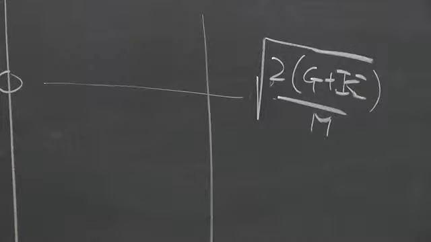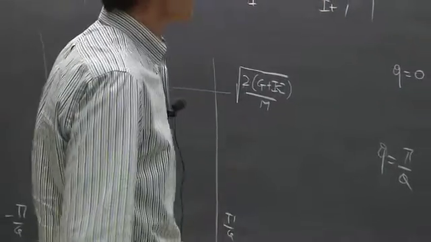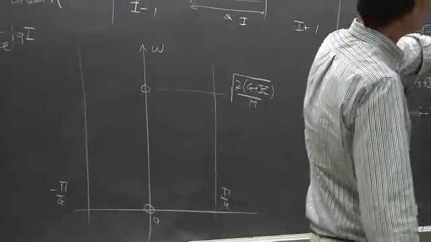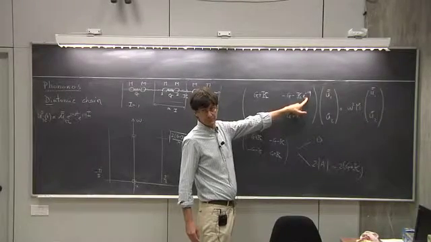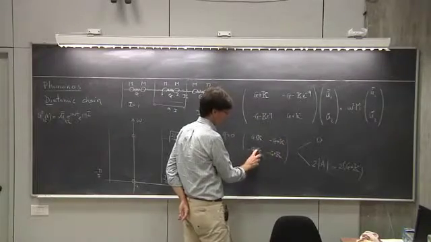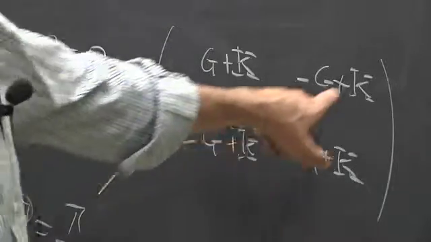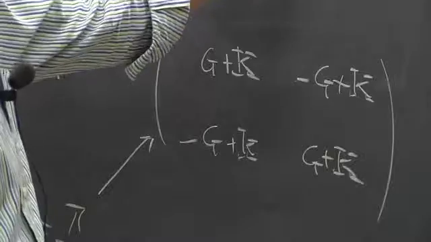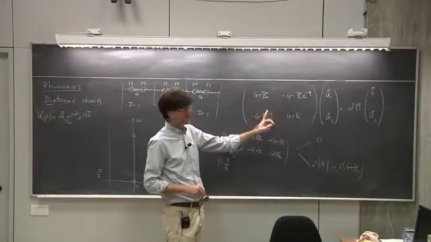All right. Let me take q equals to pi over a. This becomes minus 1. So allow me to do it here. Plus, plus. I've changed it into a plus, right? Because e to the i pi, if k is equal to pi over a, q is equal to pi.